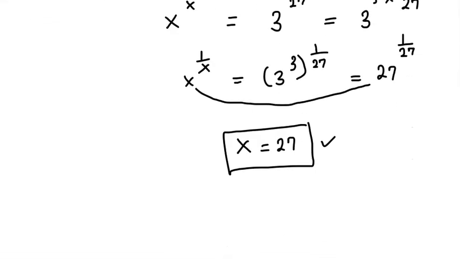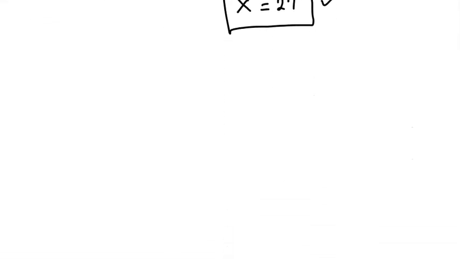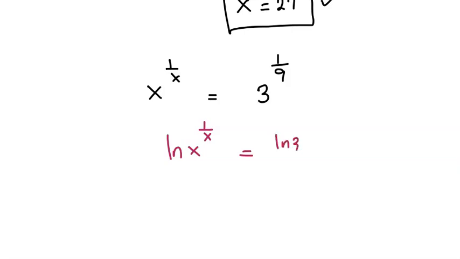Okay, so now we have x raised to the power of 1 over x equal to 3 raised to the power of 1 over 9. Now let us take ln of both sides of this equation. So we have the natural log of x raised to the power of 1 over x equal to the natural log of 3 raised to the power of 1 over 9.